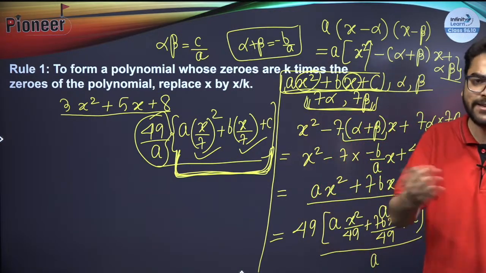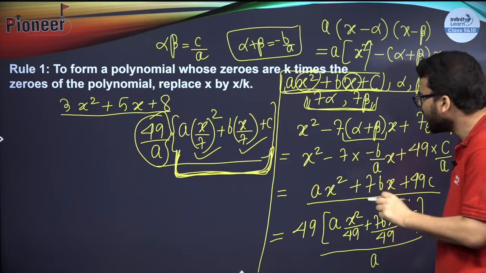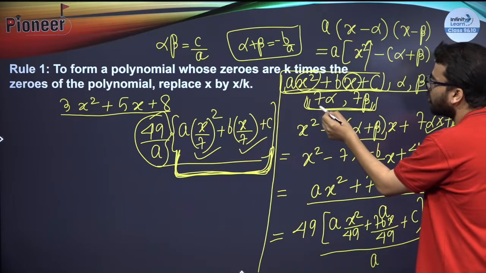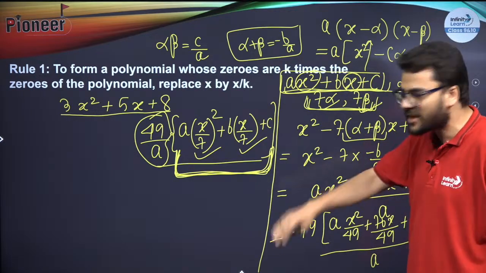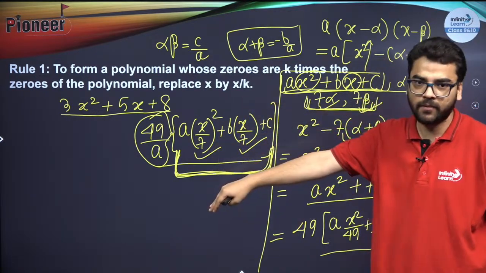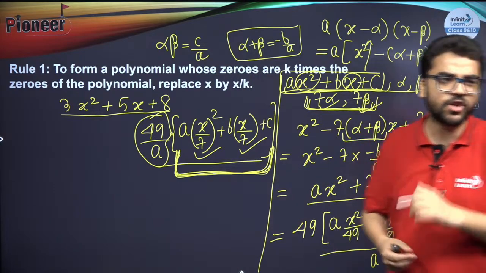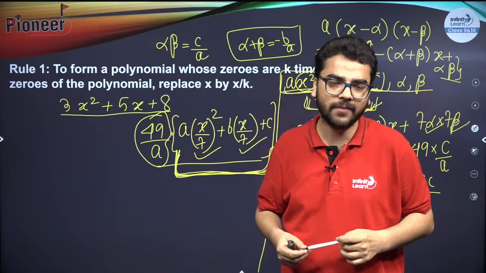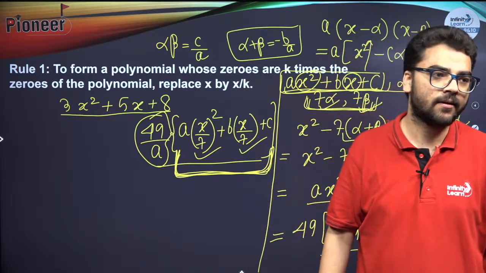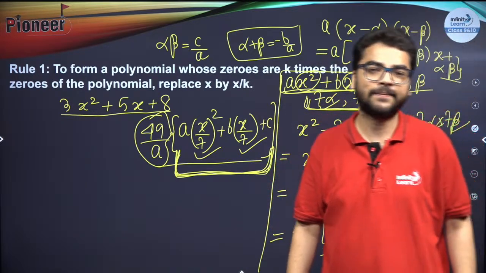Is it clear to everybody in this session? So it means if the zeros of a polynomial are 7 times the zeros of this polynomial, you just have to put x by 7, right? Is this clear? Is the derivation clear to everybody? Any doubt in this thing? Got it or not, guys?